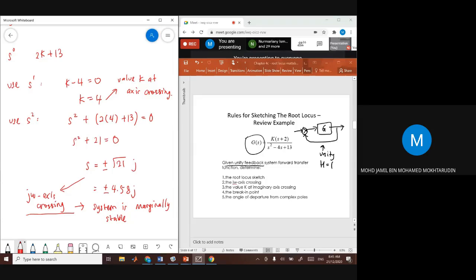So sometimes in exam, the question asks you to find the value of S and K when the system is marginally stable. So the question basically asks you to find the jω axis crossing. Okay, and this is the value of K at marginally stable.